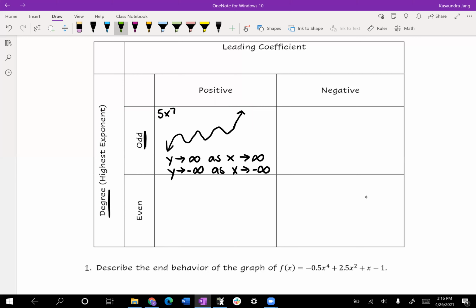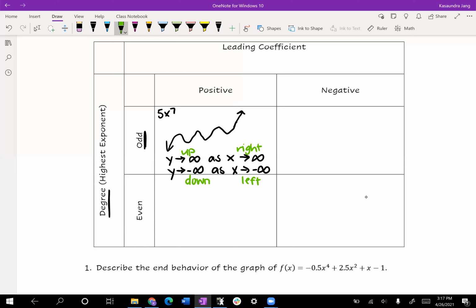So yeah, here I'll try to put this in words as well. Y going to positive infinity, my y's are going up. Basically, yeah, the word up. As x goes to infinity means as I go to the right, I'm going up as I go to the right. My y values are going down as I go to the left. So if you want it in words, that's basically what it's saying in words.